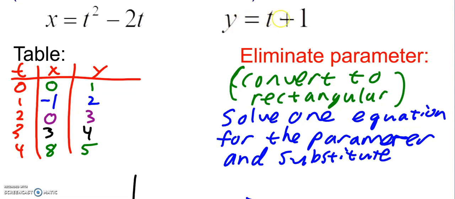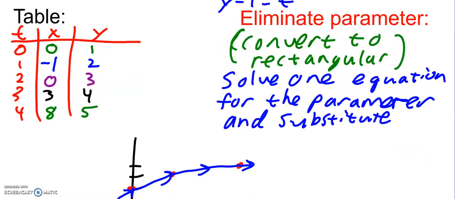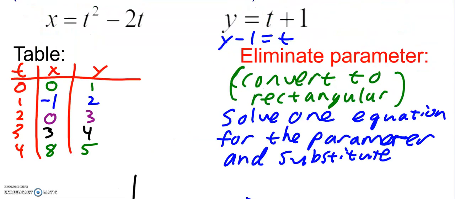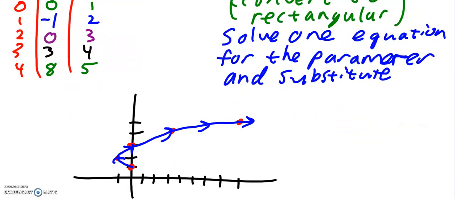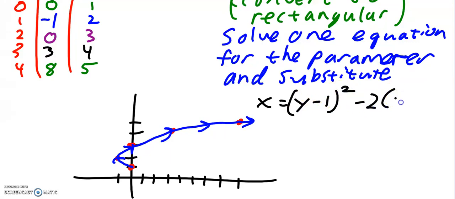So if I look up here, it's very easy for me to say, okay, y minus 1 equals t. So I solved one of the equations for the parameter. Then for a rectangular equation, I could say x equals (y minus 1) squared minus 2 times (y minus 1).